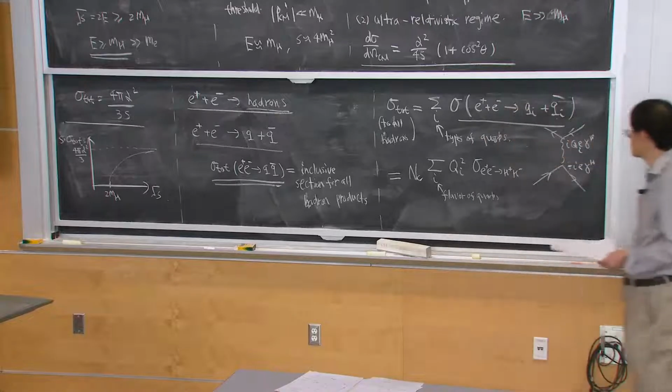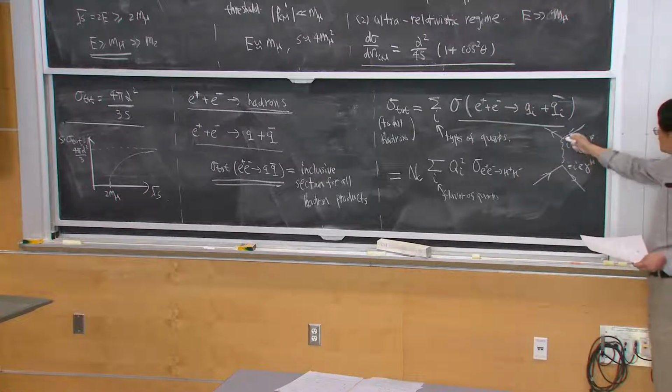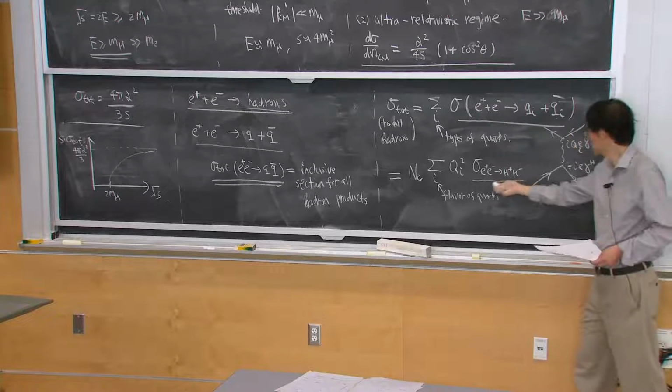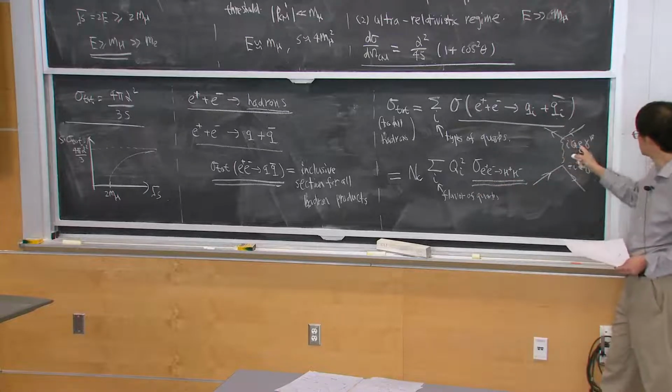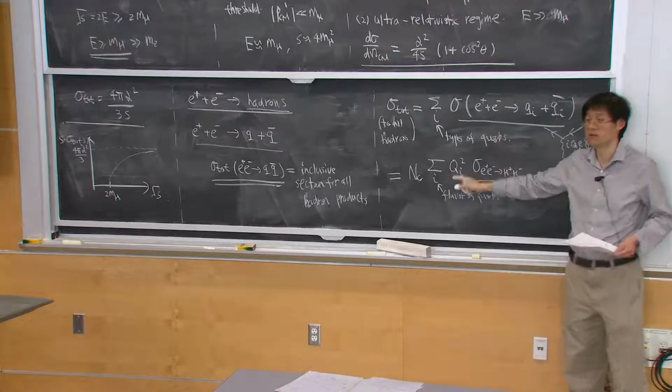The rest is the same. For each type of quark, you just replace this vertex by iQi, and then you get the Qi squared. Okay?